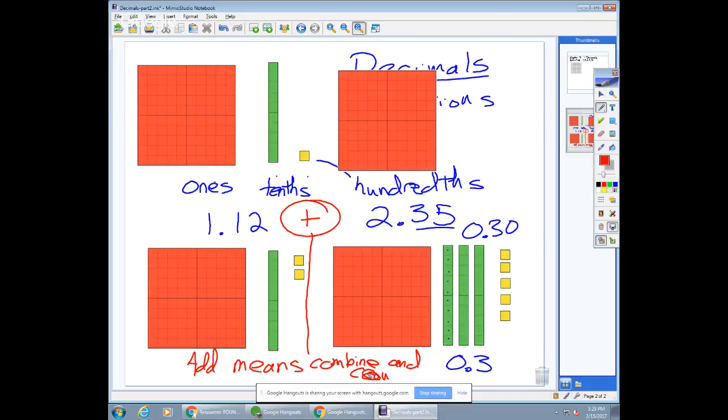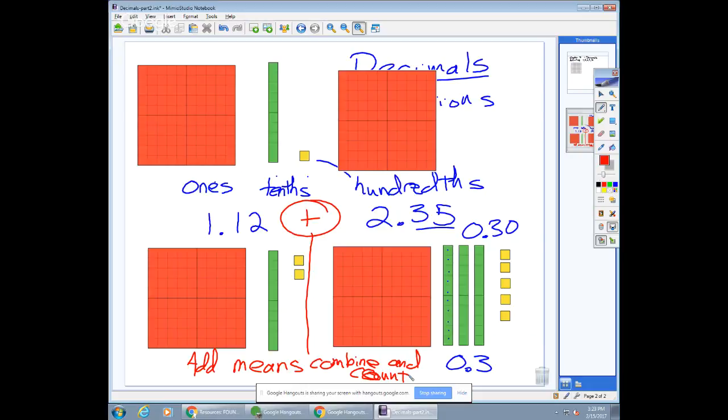Well, that's a little easier than fractions because the whole point of decimals was to fix the denominator with respect to 10. Forget about halves, forget about thirds, forget about fifths. Let's just work with 10.